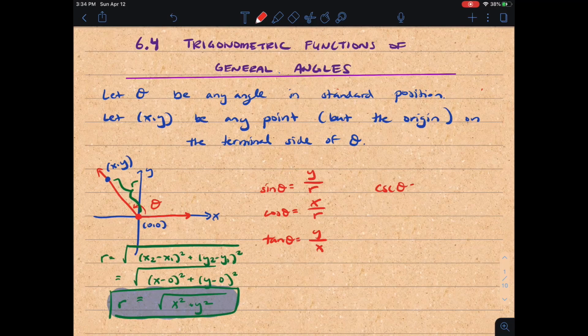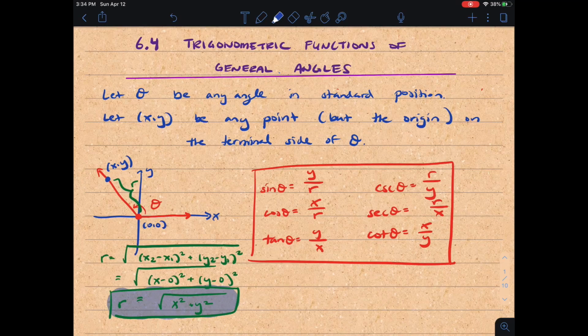Cosecant of theta will be r over y, which is just the reciprocal of sine, right? Secant of theta will be r over x, which is just a reciprocal of cosine. And lastly, we have cotangent of theta, which is x over y, which is just the reciprocal of tangent. You want to make sure you memorize these.